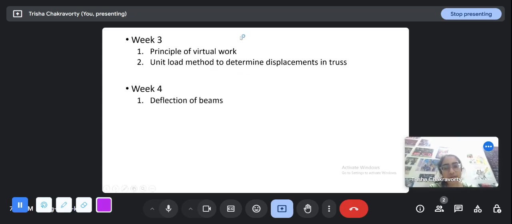In a truss, it is relatively simple to say what we mean by displacements. We just need to find out the x displacement and y displacement at each node. But in a beam, just like we get a bending moment and shear force diagram that varies along the length of the beam, similarly we also get a deflection pattern.